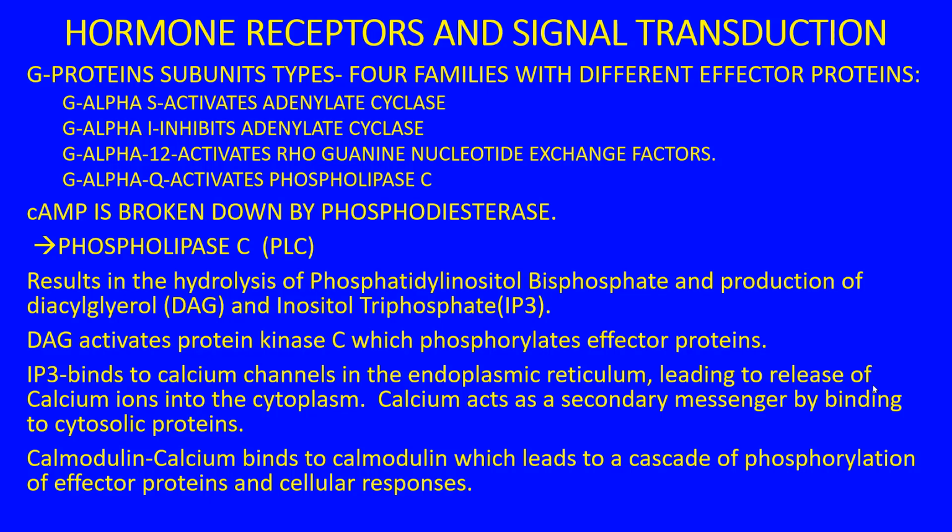Alpha Q, that's basically where you're having the phospholipase activation. Alpha S, you have adenylate cyclases turned up and therefore you're going to have an increase in cyclic AMP concentration. And finally, we have alpha 12, which really works on Rho GEFs and Rho, and these are going to play a role in genetic expression. That's all you really need to know at this point.